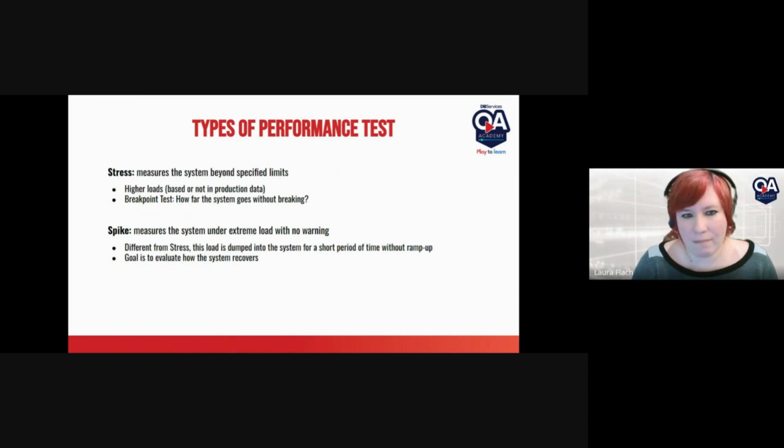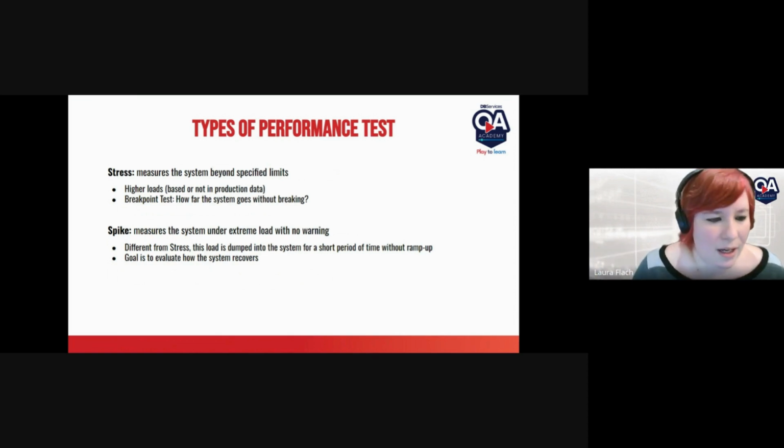In the spike, you just put a high load on the system with no warning, for a short period of time. The goal is to evaluate how the system recovers and if the system can recover from that.